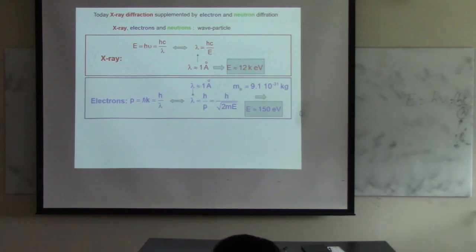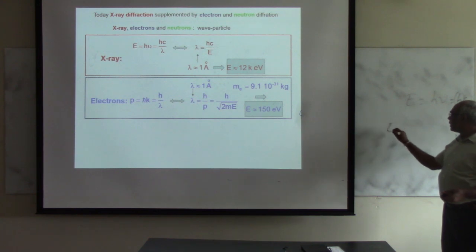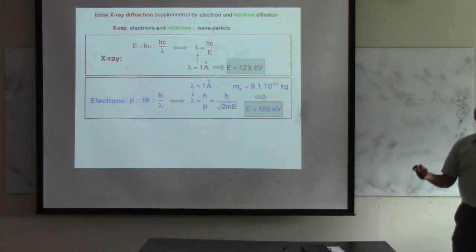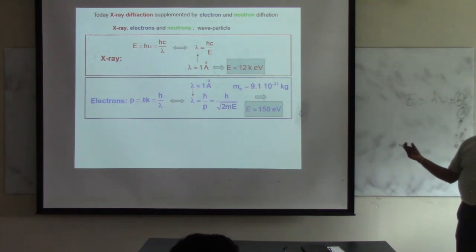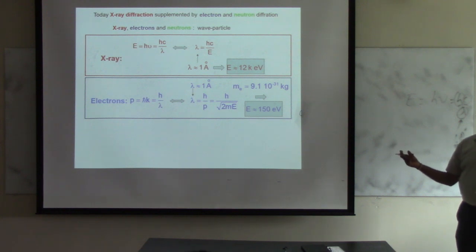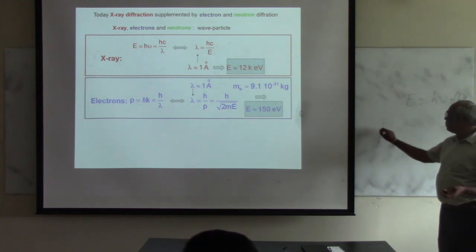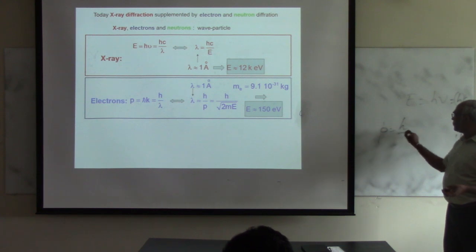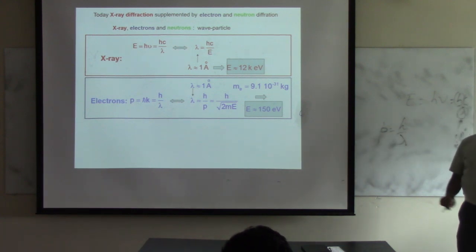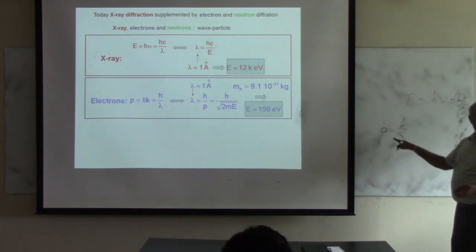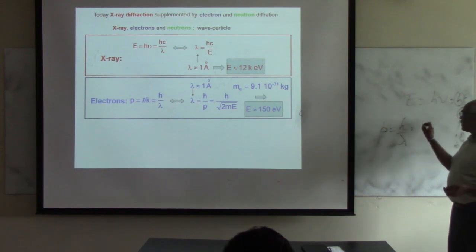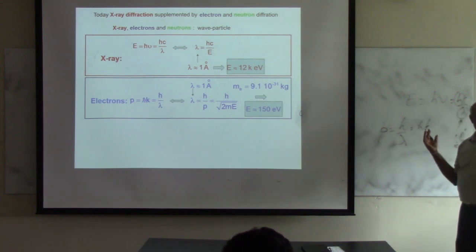If you consider electrons, like I said, we can also consider them as waves, right? So what wavelength do we call it? It's the de Broglie wavelength, right? Usually we write the momentum as h over lambda, or also as h cross k, the same thing.